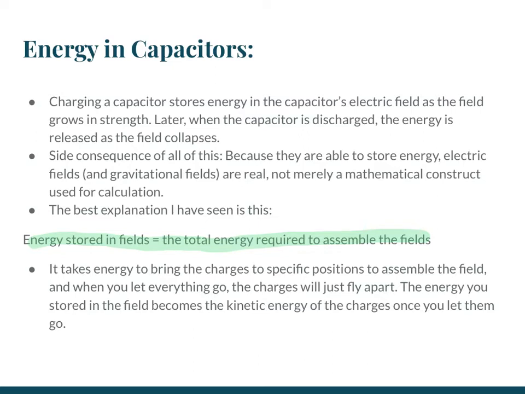When you assemble a bunch of oppositely charged charges, they're going to pull on each other, but maintaining that distance requires a certain amount of work, a certain amount of energy, and that is the energy that gets stored in the field. The total energy required to make that field possible is equal to the amount of energy stored inside the field itself, and this makes sense due to conservation of energy.